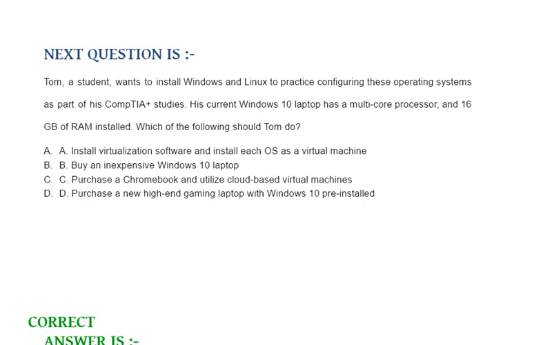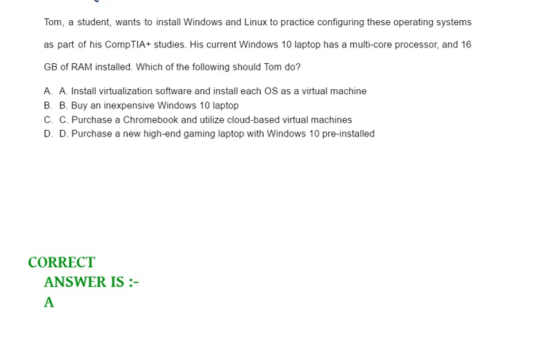Option A. Install virtualization software and install each OS as a virtual machine. Option B. Buy an inexpensive Windows 10 laptop. Option C. Purchase a Chromebook and utilize cloud-based virtual machines. Option D. Purchase a new high-end gaming laptop with Windows 10 pre-installed. Correct answer is option A.